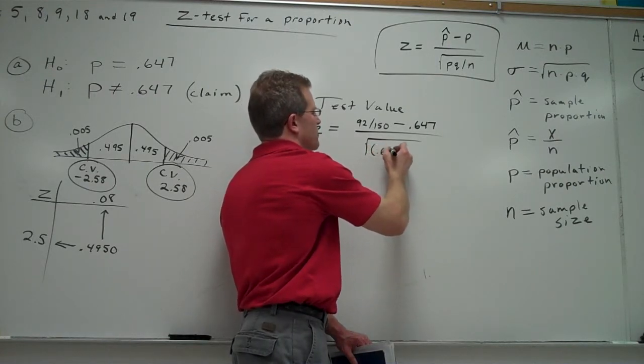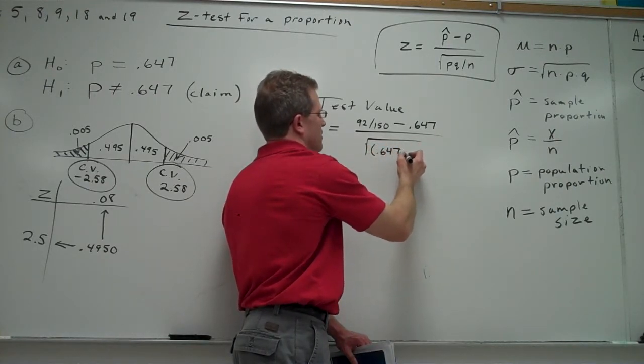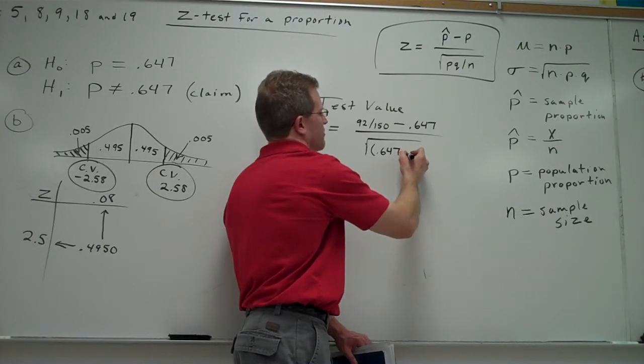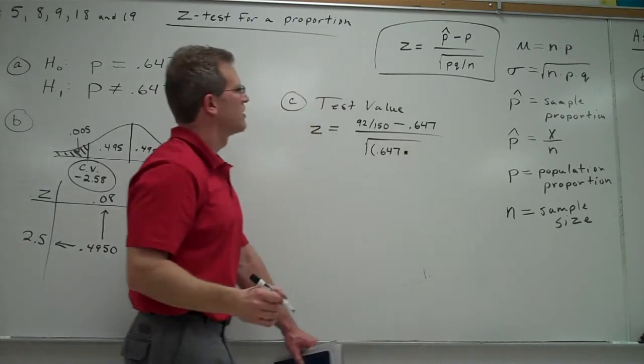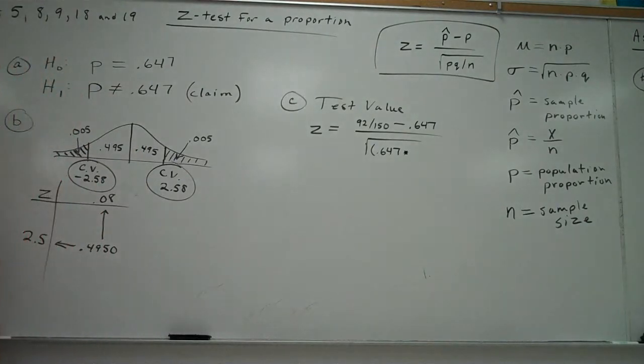P is 0.647. Now, how am I going to find q if I know p? It's 1 minus the 0.647.